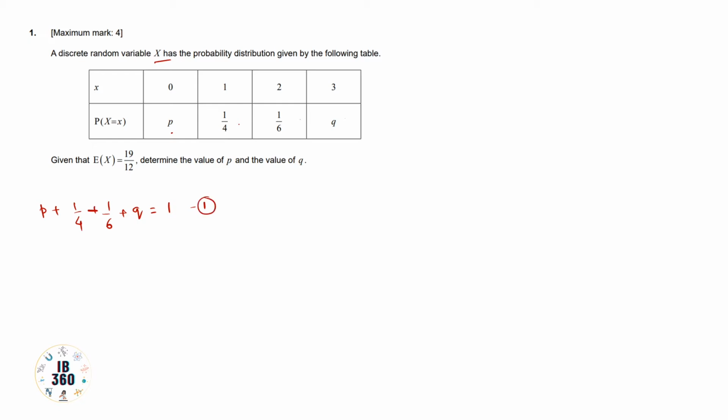And for the number 2 equation, we can take the expectation, that is E of x equals 19 by 12. We will use this to find the expectation. We can use 0 into p plus 1 into 1 by 4 plus 2 into 1 by 6 plus 3q equals E of x.